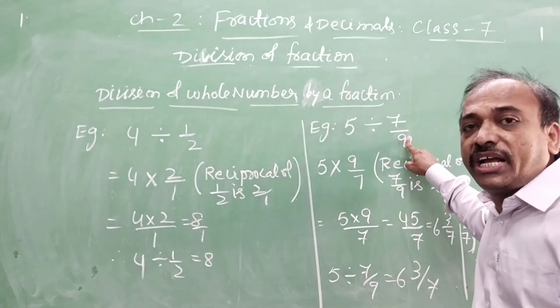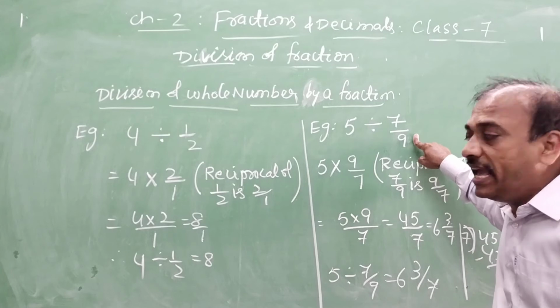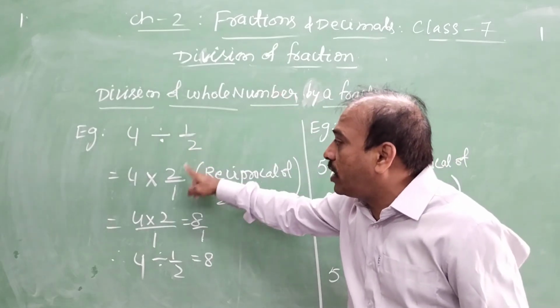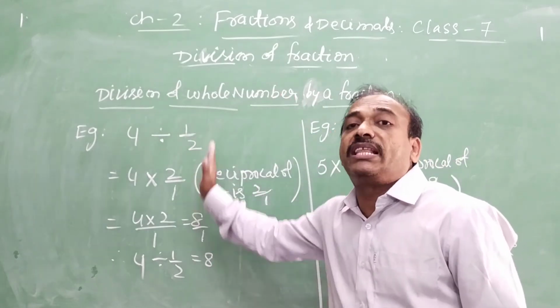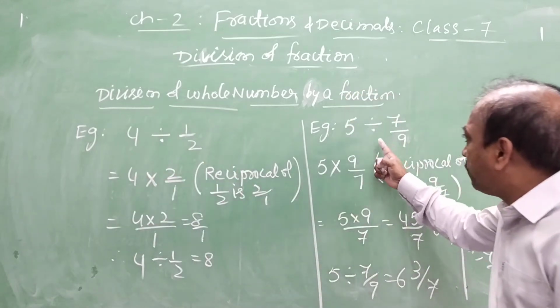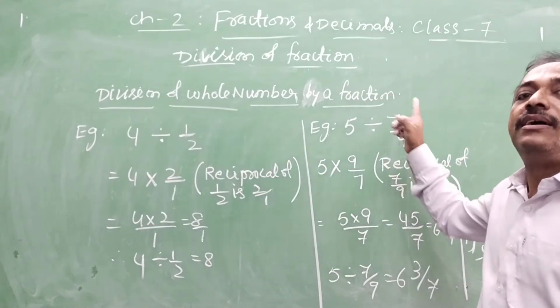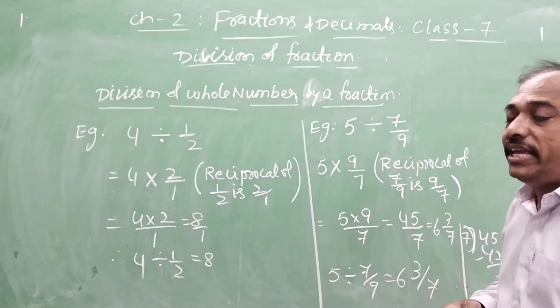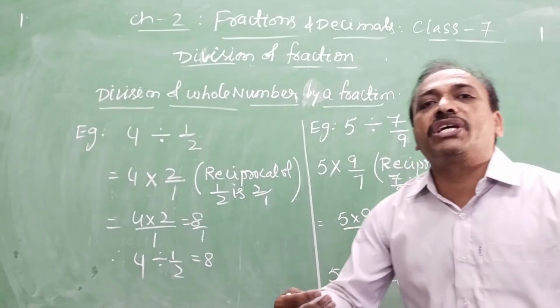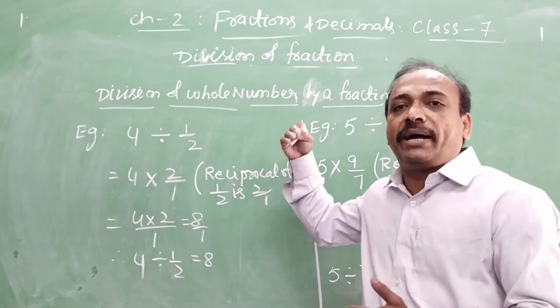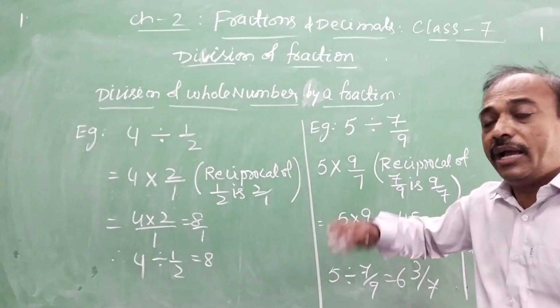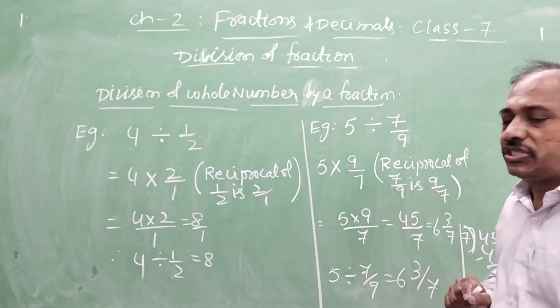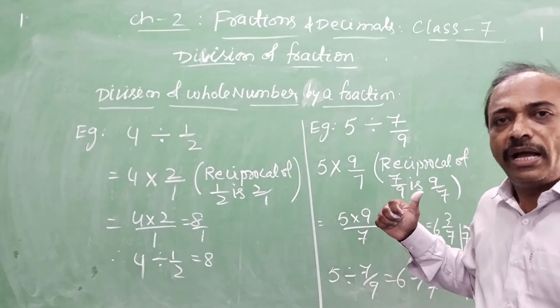The reciprocal of 1 by 2 is 2 by 1, and we multiply with that. The reciprocal of 7 by 9 is 9 by 7, and we multiply with that. This is how we find the division of a whole number by a fraction. Is it clear? I hope it is clear.